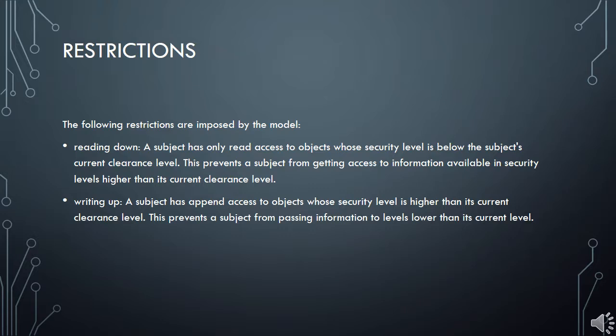Writing up. A subject has append access to objects whose security level is higher than its current level. This prevents an object from passing information to levels lower than its current level.